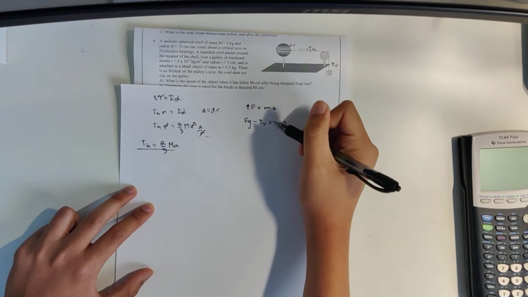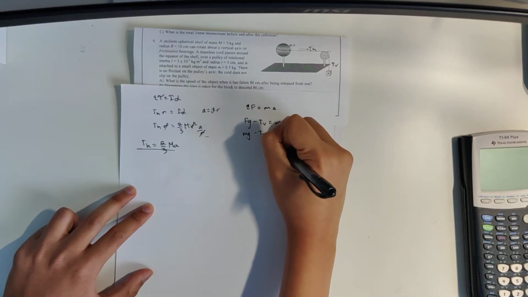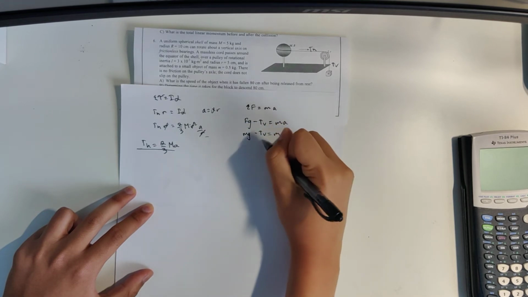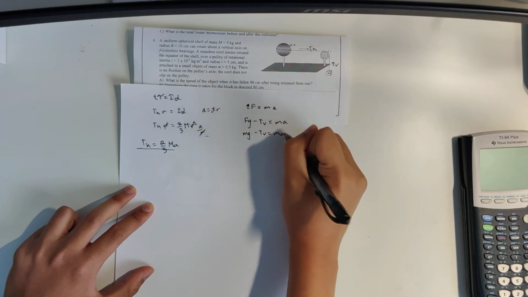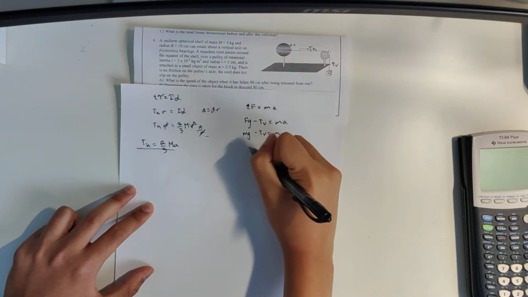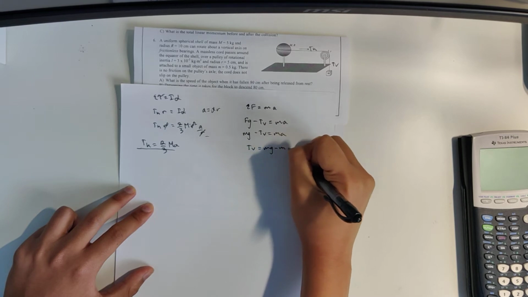Expand that, and you end up getting mg minus TV equals ma. Isolate for your vertical tension, move everything else to the other side: tension vertical equals mg minus ma.